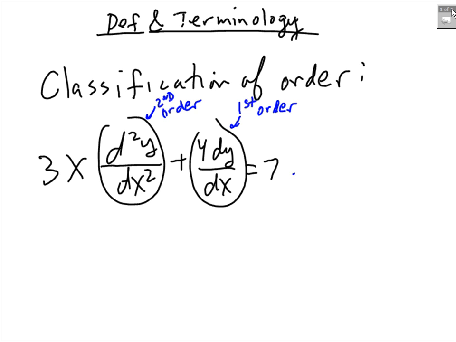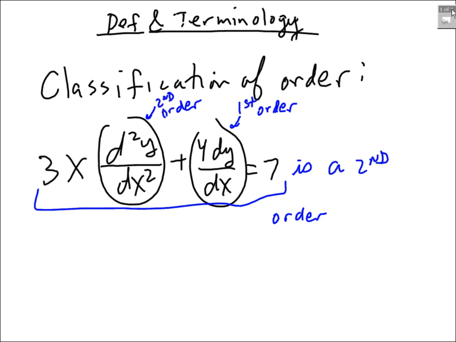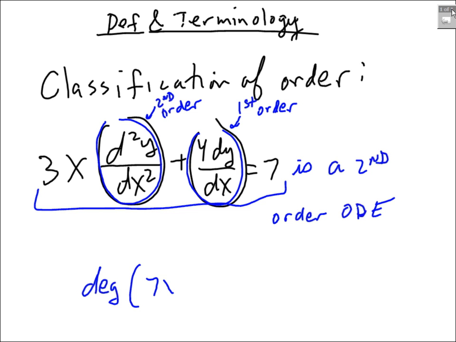The whole equation is a second order ordinary differential equation. It's an ODE because these are not partial derivatives. Now, you remember before, years ago, you needed to decide what the degree of a polynomial was.